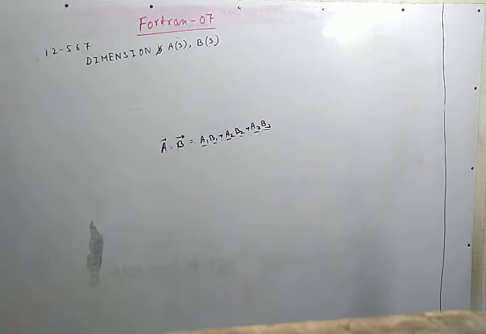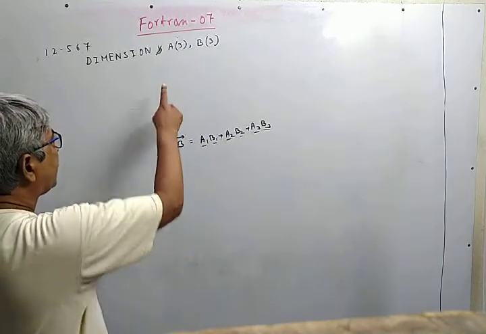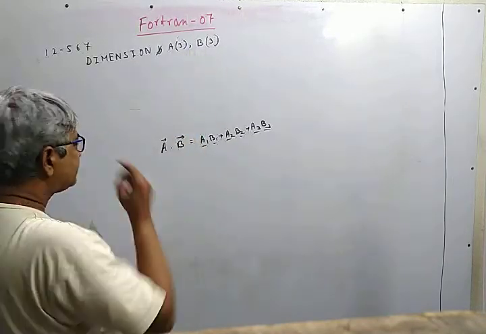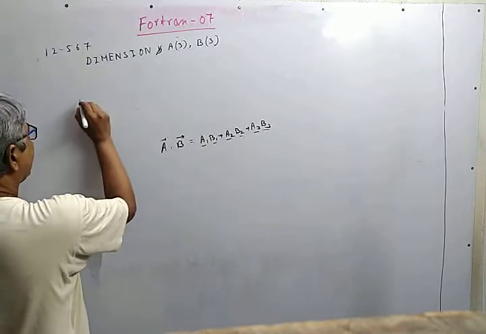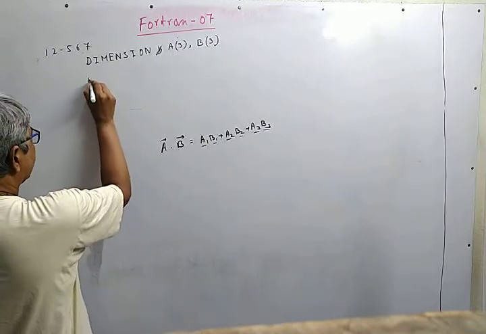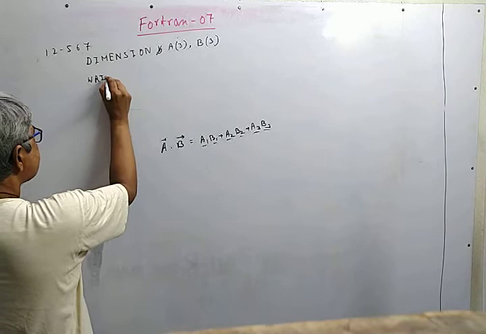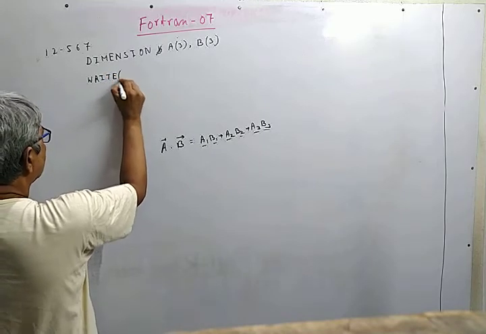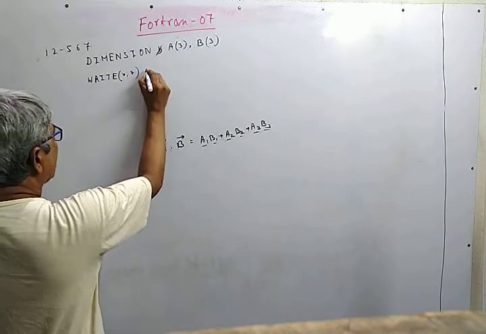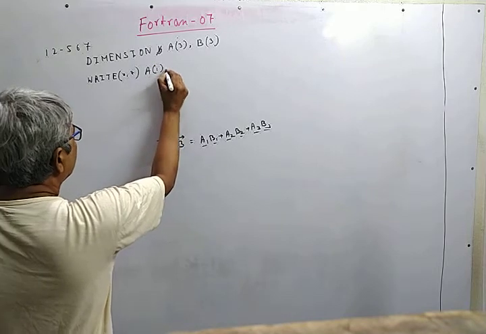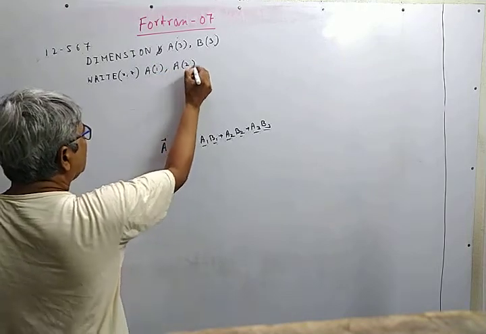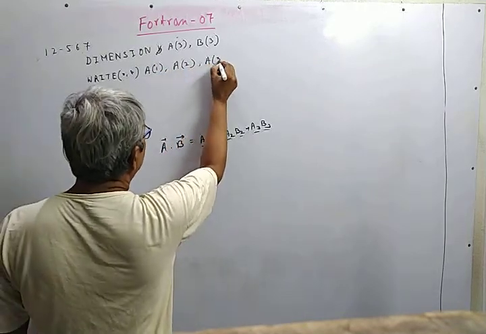So the next part would be to write A1, A2, A3. One way of writing it is to write star comma star, A1 comma A2 comma A3.